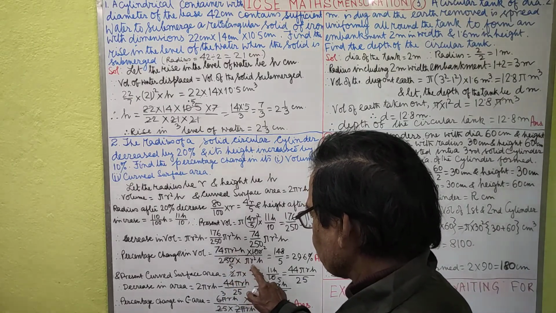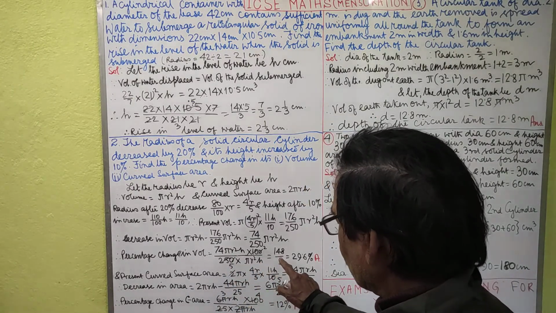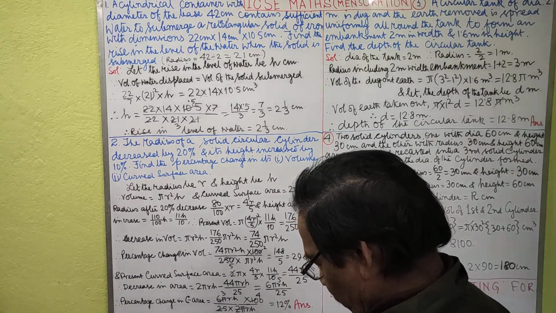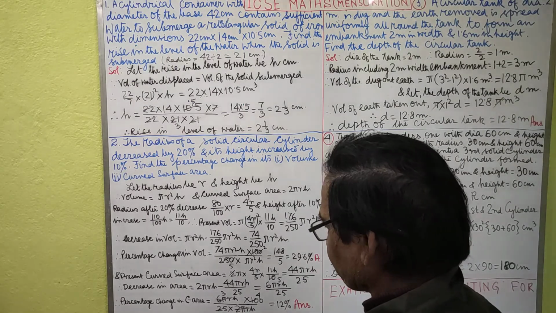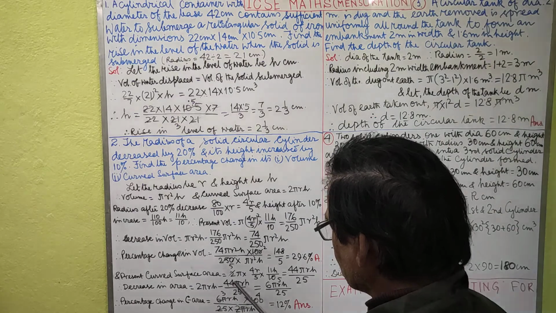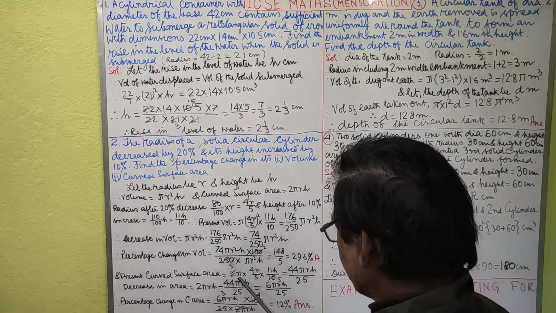Pi r square cancels out and it is 148 by 5, that is 29.6%. Therefore volume change is 29.6%.